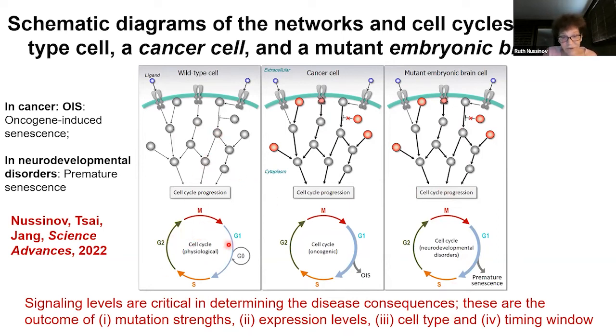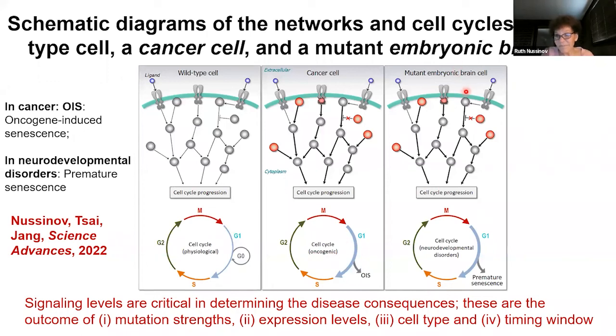Here we see normal cell cycle progression in cancer. If the signaling is strong, there is a fast, of course, cell cycle progression. If, however, it is very strong, it leads to OIS, oncogene-induced senescence.